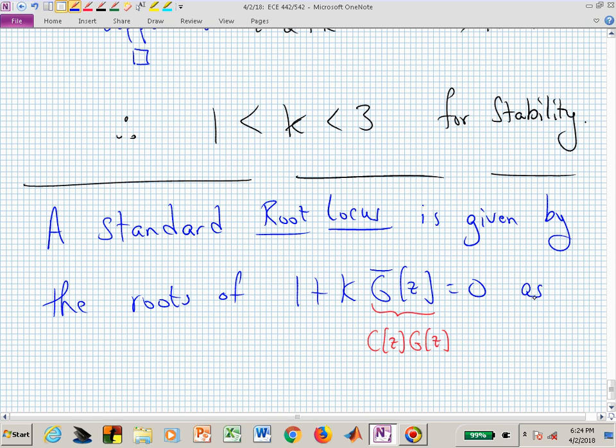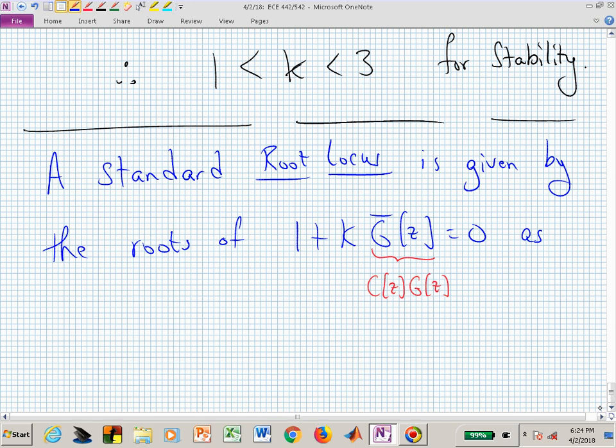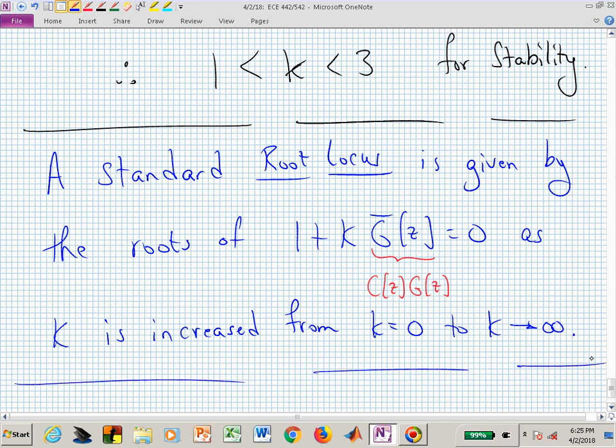The root locus is given by the roots of that equation, the values of z that cause that to vanish, as k is increased from k equal to 0 all the way up to positive infinity.